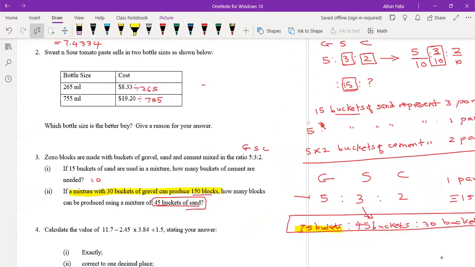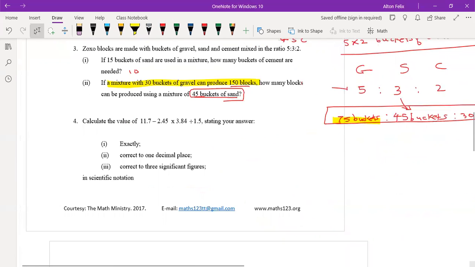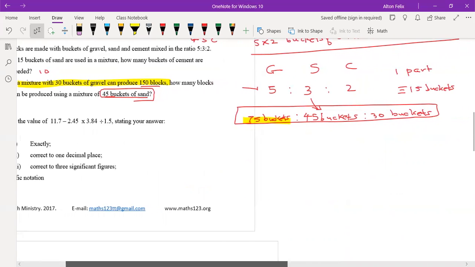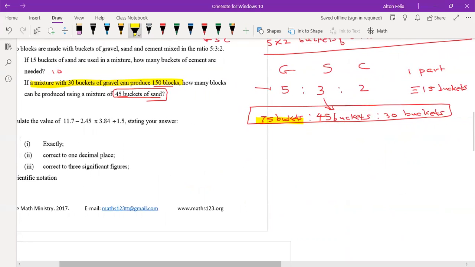And let's show you how. What we need to appreciate here is that 30 buckets of gravel gives us 150 blocks.